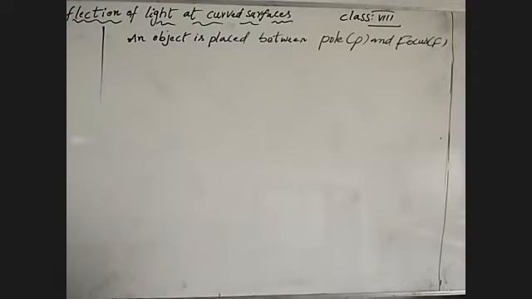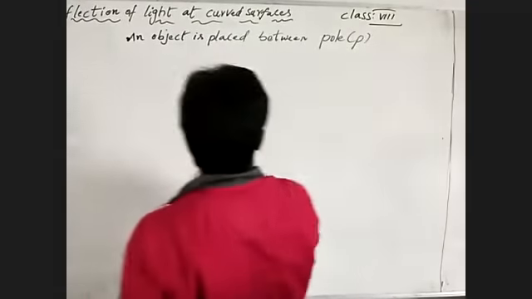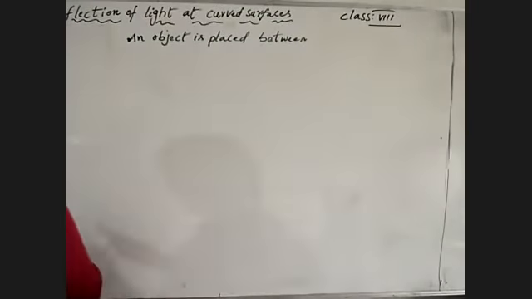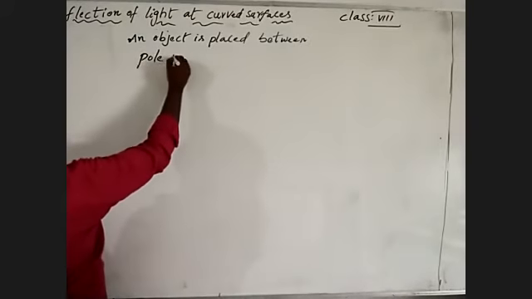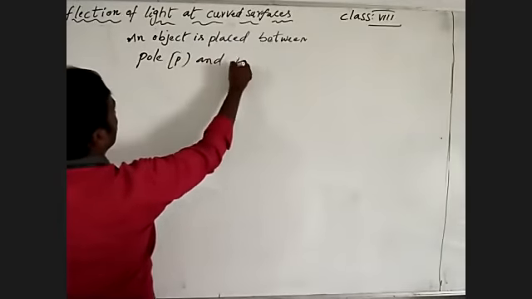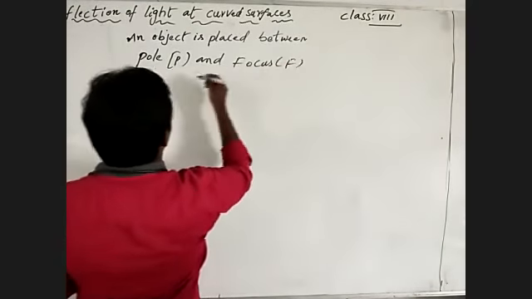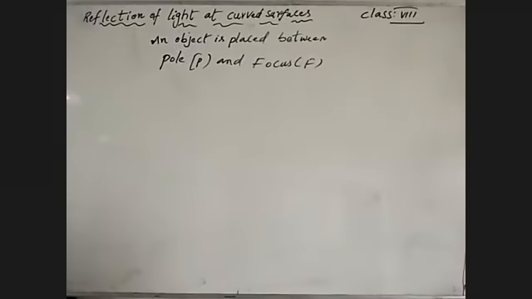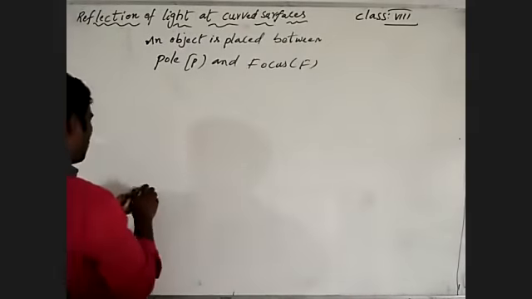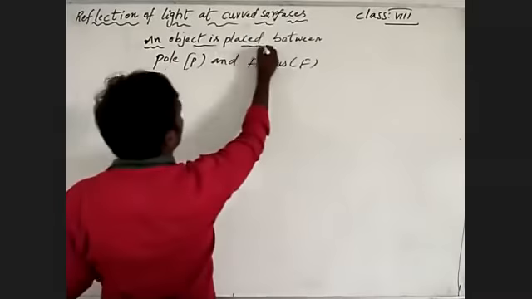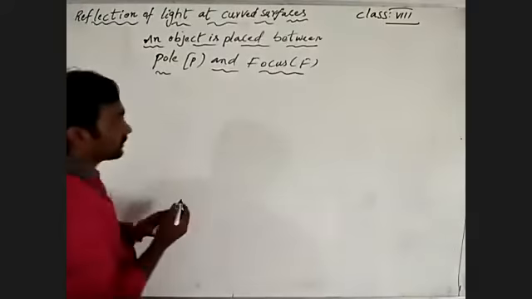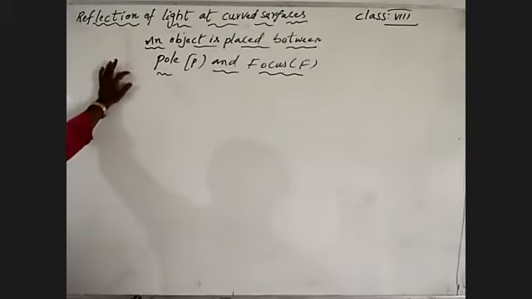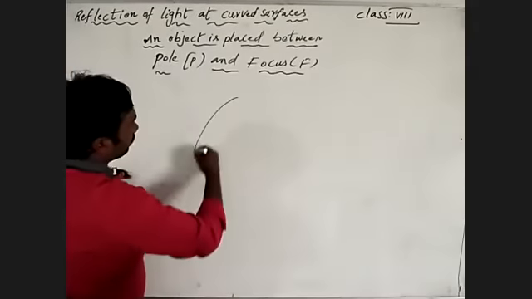Once an object is placed between the pole and focus, how will it be?